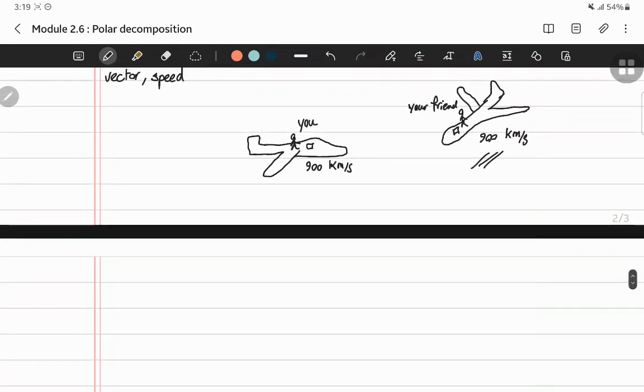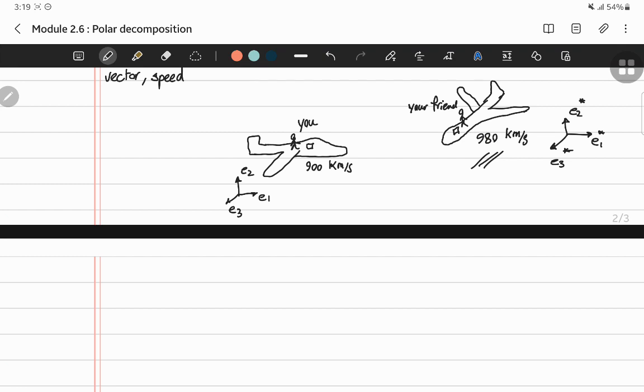However, if you have a coordinate system like here, E1, E2, and E3, and your friend is here with E1 star, E2 star, and E3 star, from his coordinate point of view and your coordinate point of view, your velocity is 900 kilometers per hour, or his velocity is, I don't know, 980 kilometers per hour. So this is not changing in different coordinate systems.